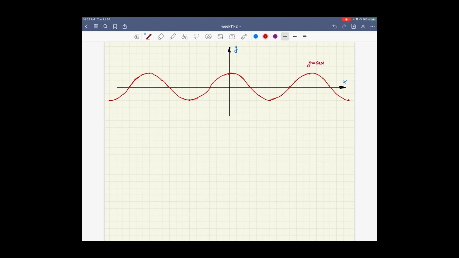And much like for sine x, we see that cosine x doesn't pass the horizontal line test.